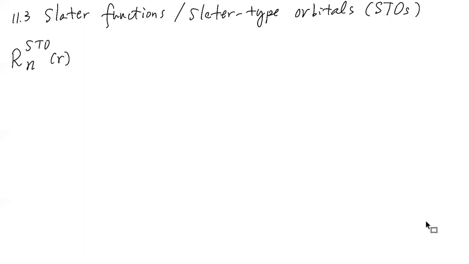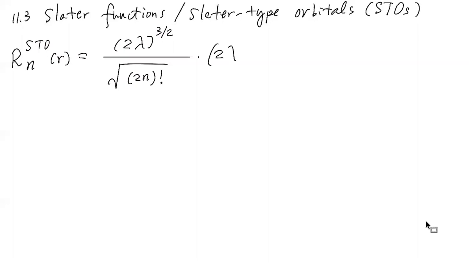R_n STO is (2 lambda)^(3/2) over the square root of 2n, times (2 lambda r)^(n-1) times exponential of negative lambda r. Lambda is just a parameter.